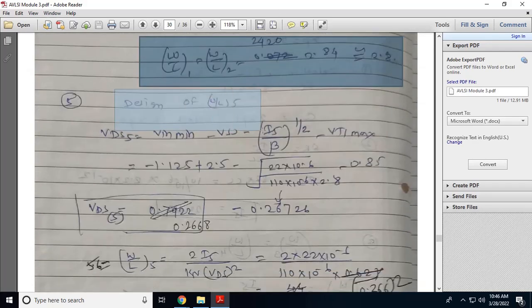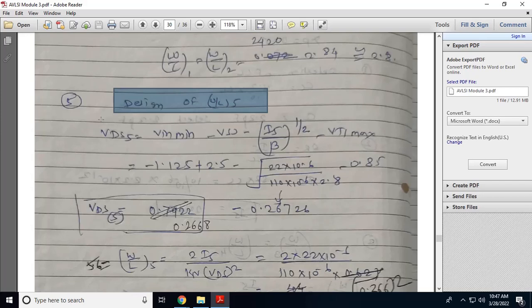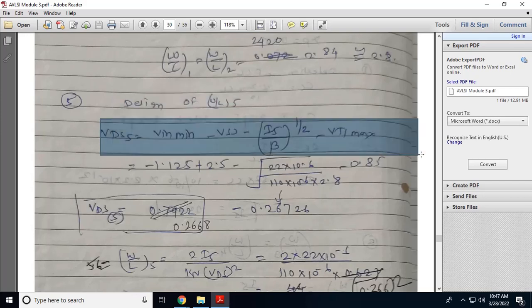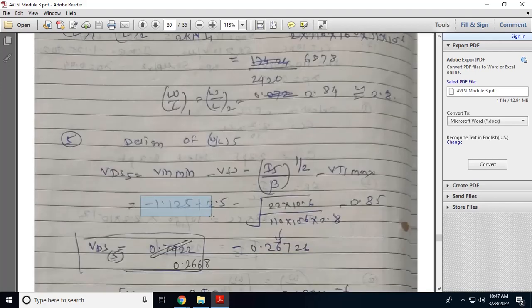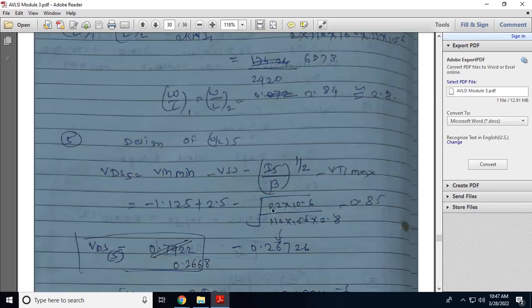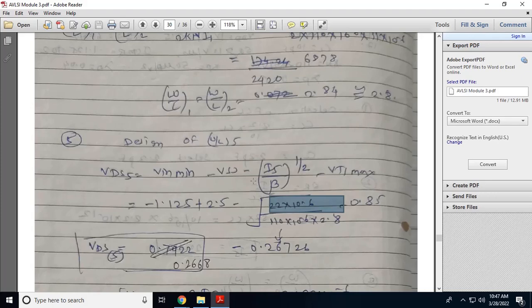Now to design size of 5, first we calculate VDS 5, that is equal to Vin minimum, that is minus 1.125, minus VSS, which is minus 2.5, so it is a plus. I5 is 22 micro, beta is Kn times size of 1, where Kn is 110 and size of 1 is 2.8.